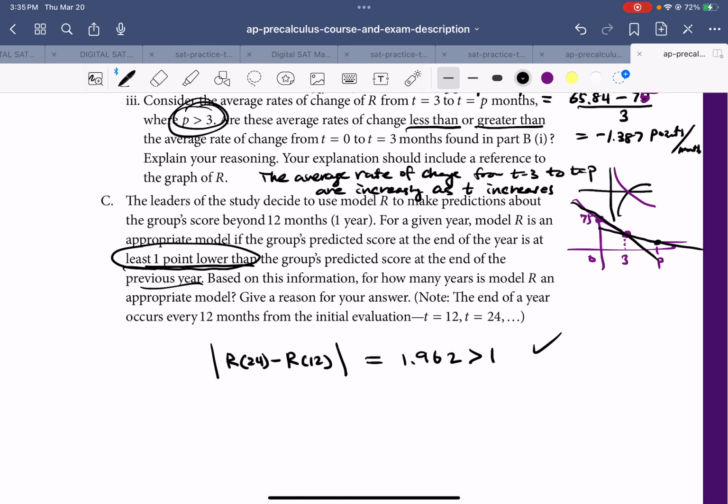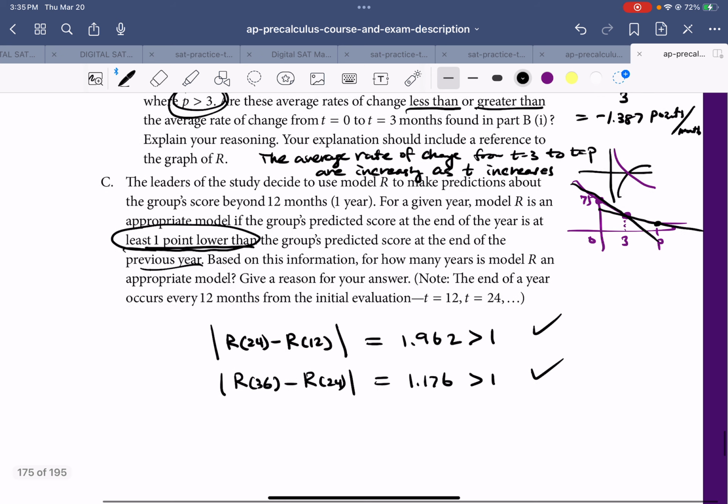Now, when you check the third year, which means 36 months, R of 36 minus R of 24 is the difference between the second year and the third year. If you put it in the calculator, you'll get 1.176, which is greater than 1, which is also valid. That's appropriate.